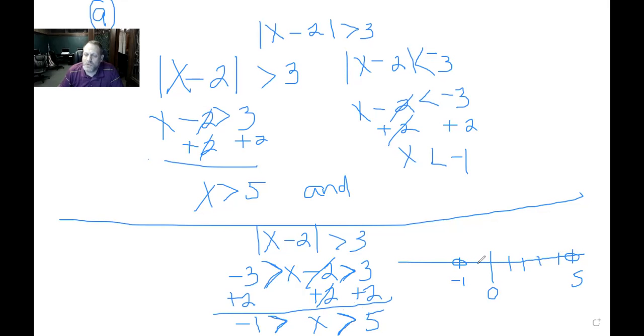All right, now how do we shade? Now you can look at this and say, okay, this is pointing in this direction. So I'm going to go from the 5 and shade this way from that circle.